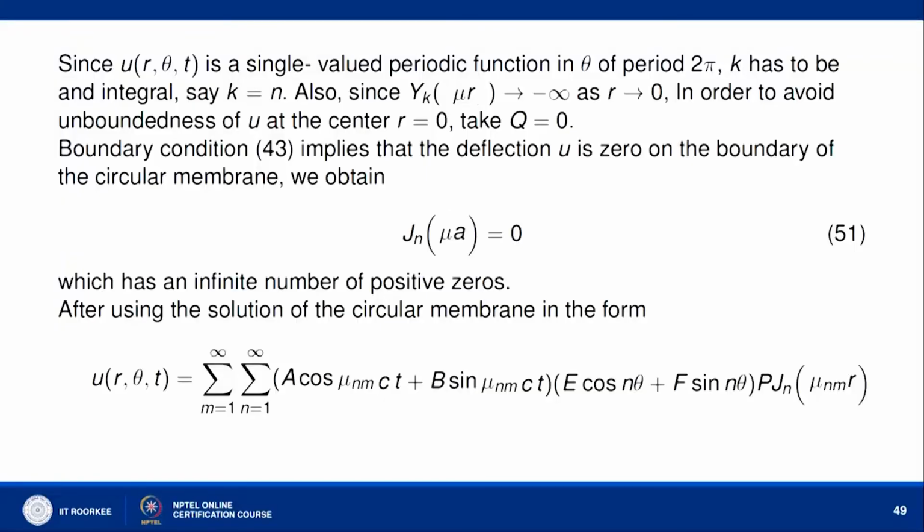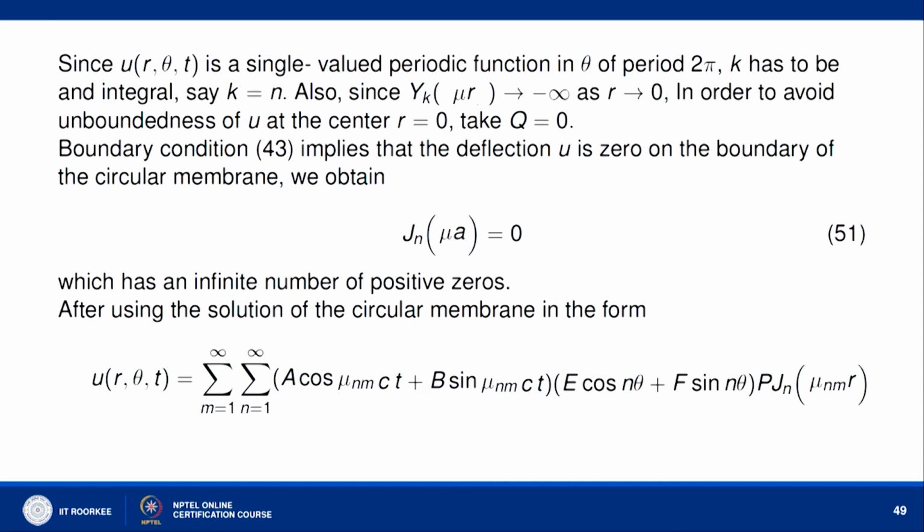In fact, if you have a cylindrical domain and a membrane which is vibrating, this vibration should not be unbounded. So inside the domain your solution will always remain finite. If you look at the term Y_k(mu r) and take r tending to 0, this Y_k(mu r) goes to minus infinity, unbounded. So if the Y_k term is there, we will have an unbounded solution.